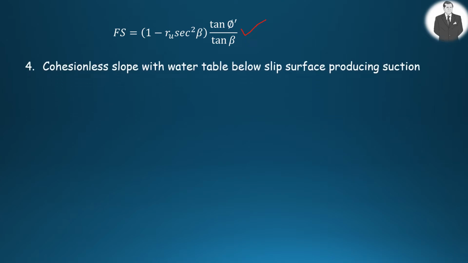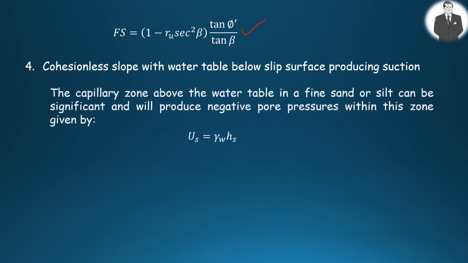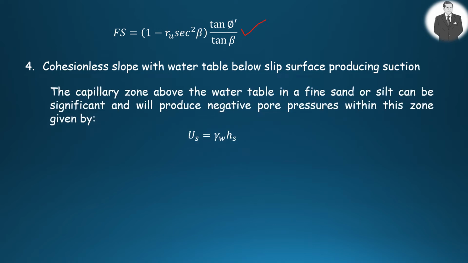The fourth case is the cohesionless slope with water table below the slip surface producing section. The capillary zone above the water table in a fine sand or silt can be important and will generate negative pore water pressure within this location.